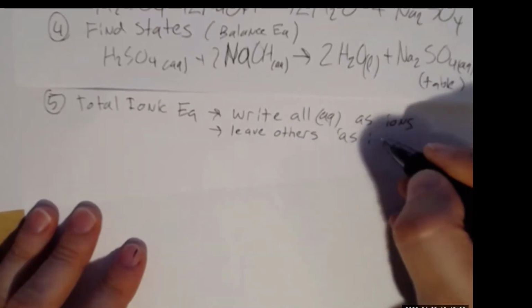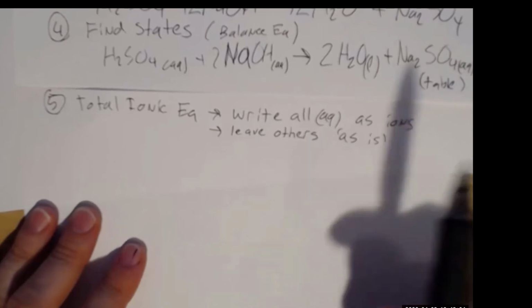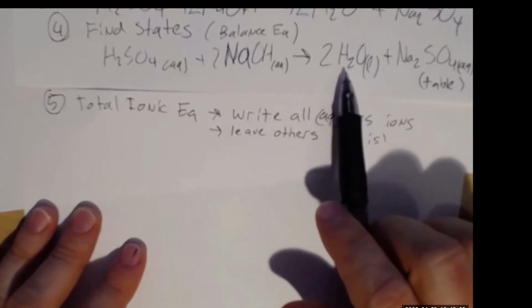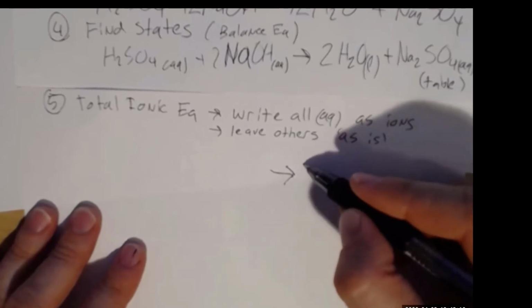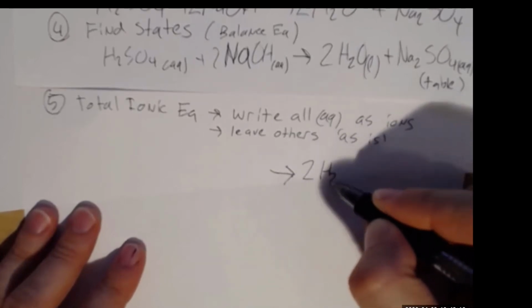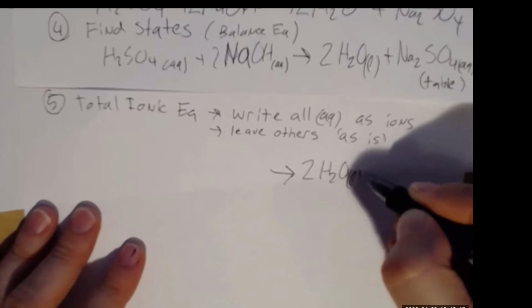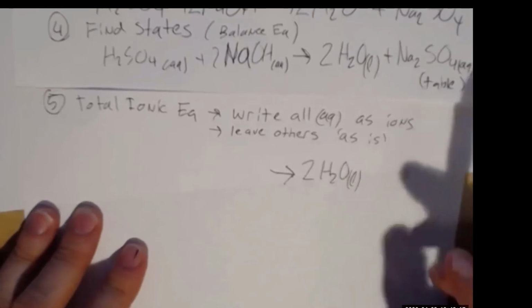"As is." All right, so the only thing that's not aqueous is the two waters. So I'm going to leave them as is. They're going to be in the equation, 2H2O liquid. But now I have to break this.